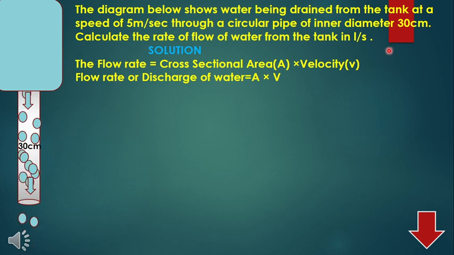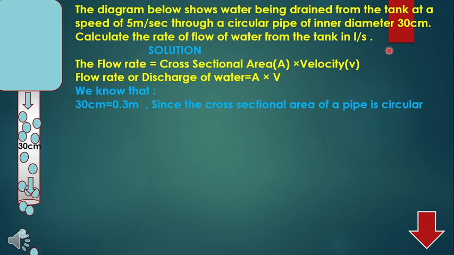We know that 30 centimeters, changed to meters, is 0.3 meters. I've decided to calculate this question in meters, but if you want, you can do the opposite. There is no harm.